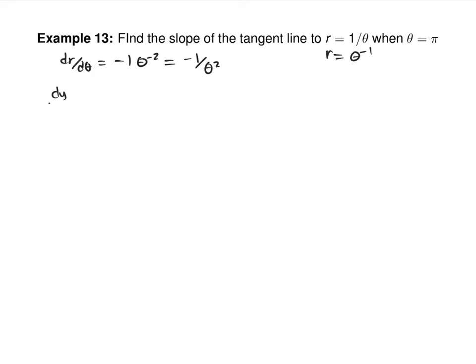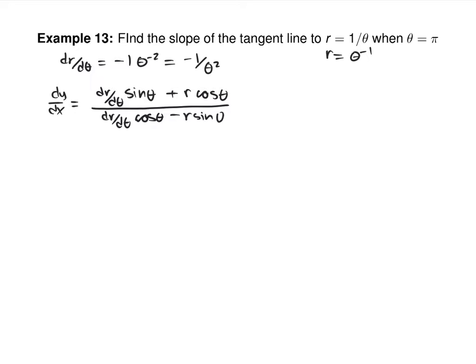So then dy dx is dr d theta sine theta plus r cosine theta over dr d theta cosine theta minus r sine theta, right, from above? So what goes in for dr d theta? And what goes in for r? Yep, 1 over theta.